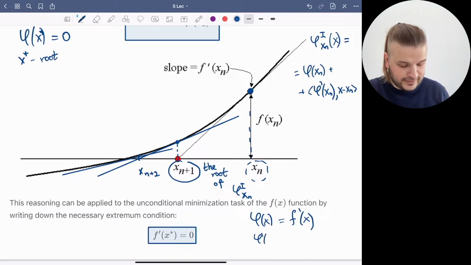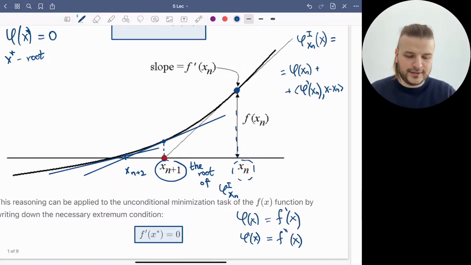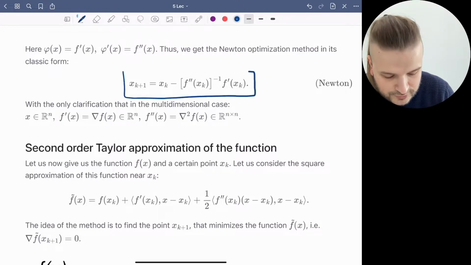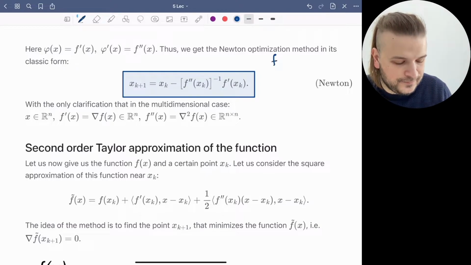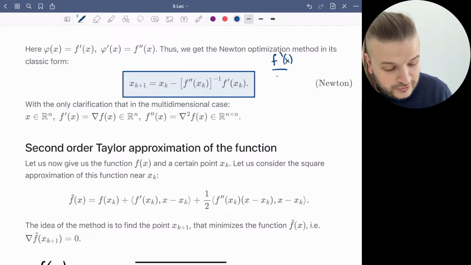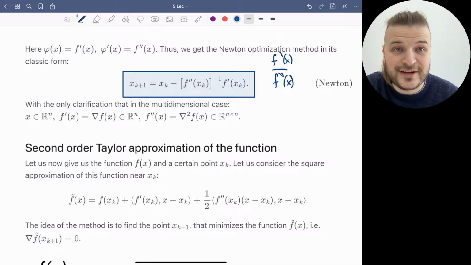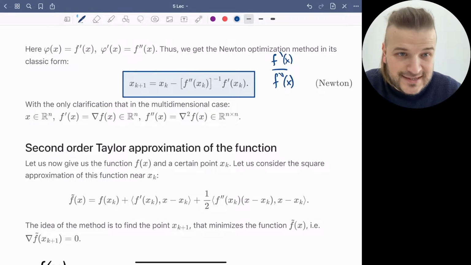And here we can state that the derivative of phi is nothing else but the second derivative of f in a scalar case, right? And here we have the following procedure, just a simple substitution. And we know that in a scalar case, we can write actually this formula, right? But imagine that the f function is a vector function, which means that it takes a vector as an input here, and we cannot divide by the second derivative if the second derivative is a matrix.